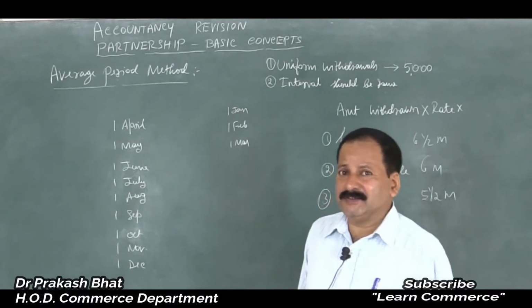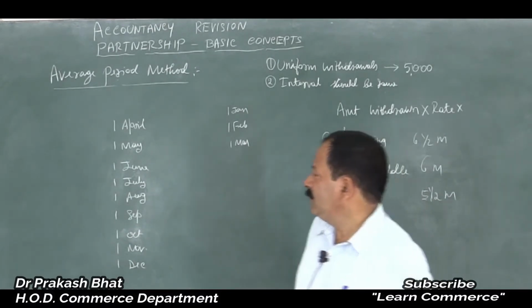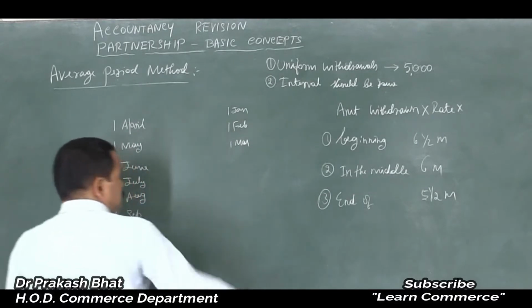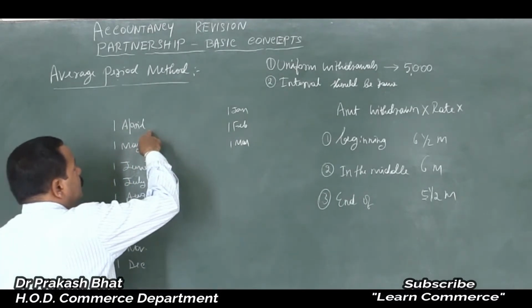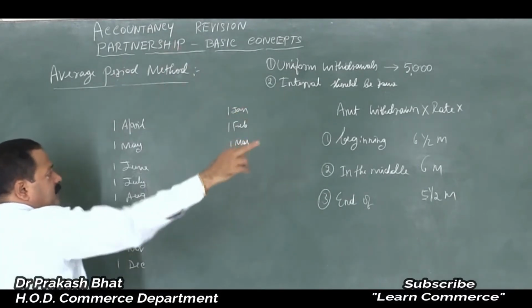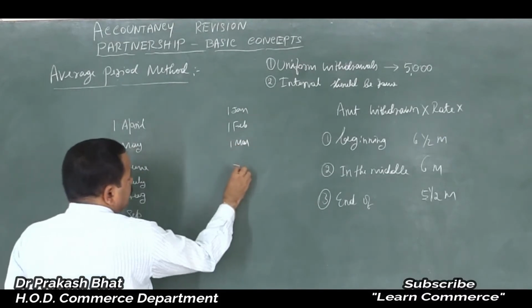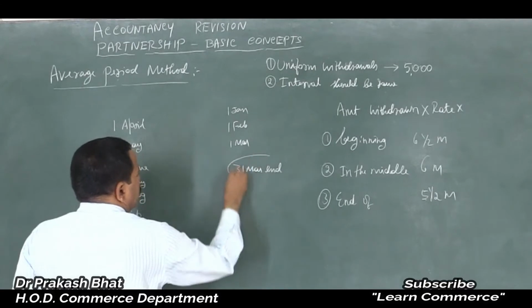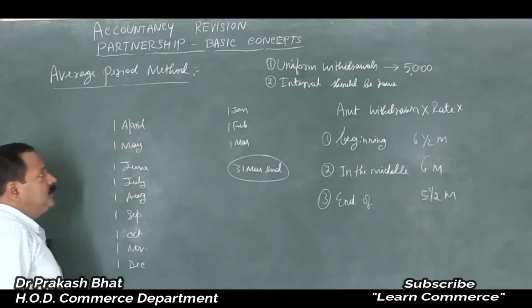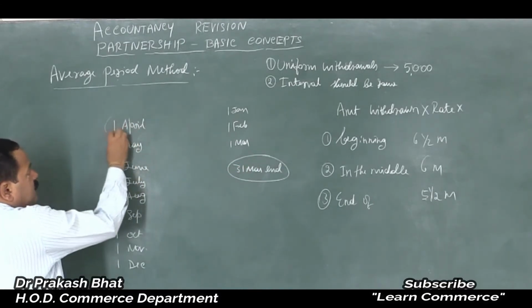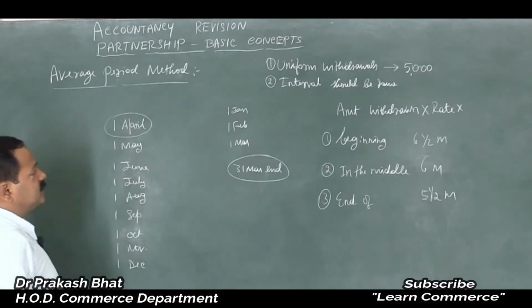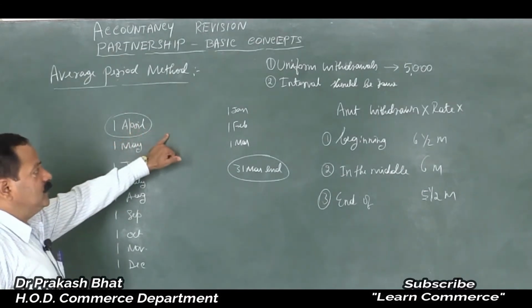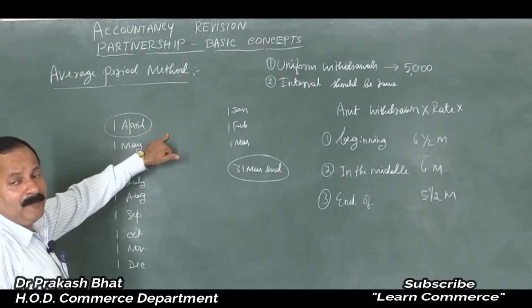Suppose let us assume, then here from 1st April to the end of the year, that is, the end will be 31st March. This is the end of the accounting year, and the year starts on 1st April, and on the first day itself there was a withdrawal, so there is a time gap of 12 months.